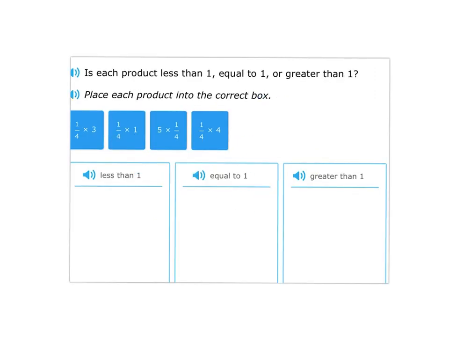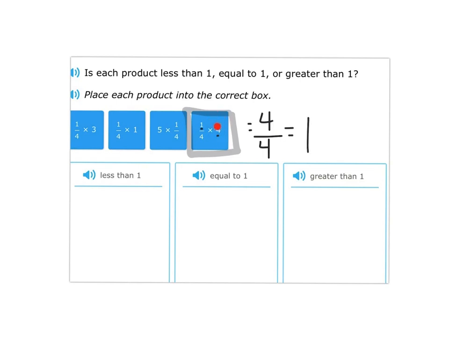And hopefully you see a pattern here on which one is equal to 1 whole. Hopefully it pops out to you here. I'm going to point this out. Check that one out. 4 times 1/4. When I take my whole number times my numerator, I get 4 as my numerator, and my denominator is 4, and that equals 1 whole.